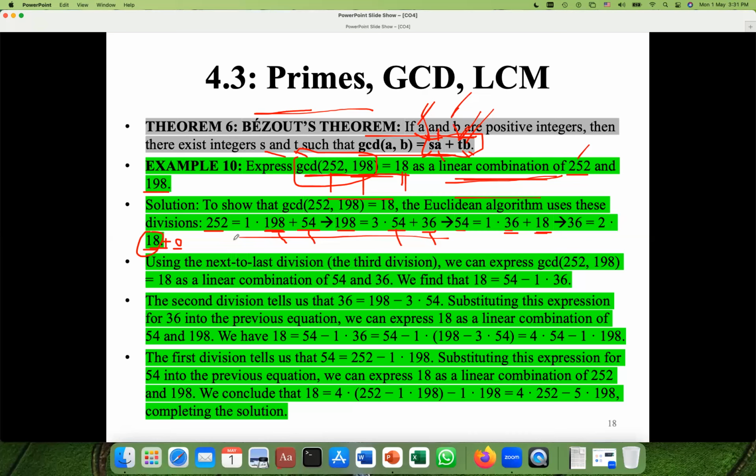So now, using the next to last division. The last division is this one, 36 equals 2 times 18 plus 0, where the remainder is 0. Next to last is this one, the third division. This is the first, this is the second step, this is the third iteration of the loop. So we are going to use that one. You have to do the same thing in every question like that.